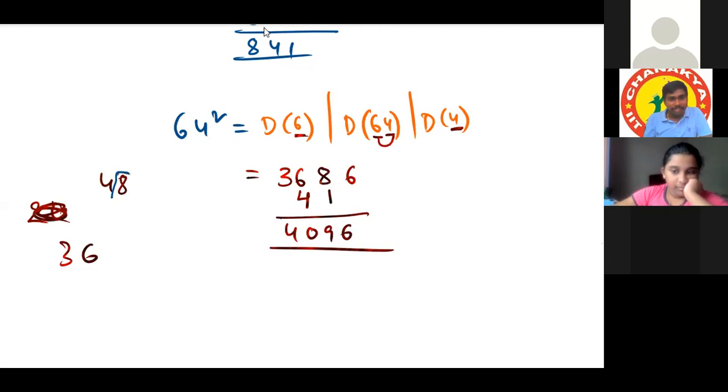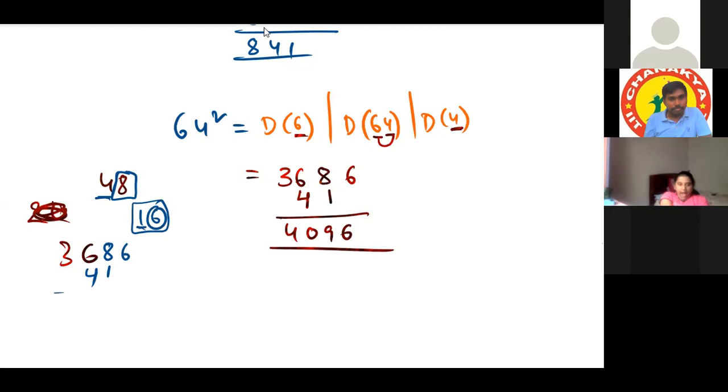After writing 36, we are getting 48. In 48, only the units place we have to write here, and the remaining digit we have to write before the number. And again after 48, we are getting 16, right? In that 16 also, only 6 we have to write here, and 1 we have to balance. After balancing means nothing but addition only.